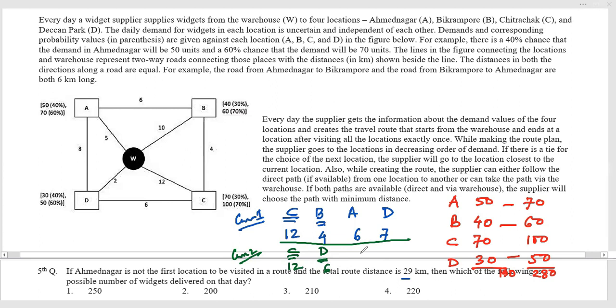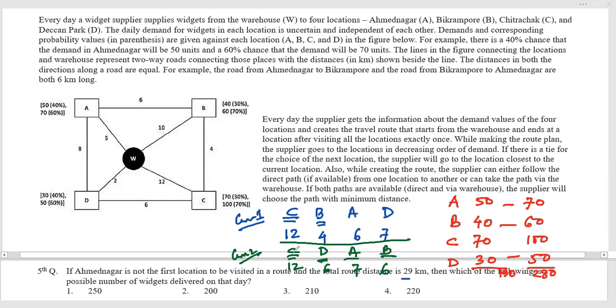A and then B. So C, D, A and B. That also I can make, because it is 18, then A is 7 and B is 6. So 18 plus 13, no, it cannot be. It is not possible. So this case is not possible.